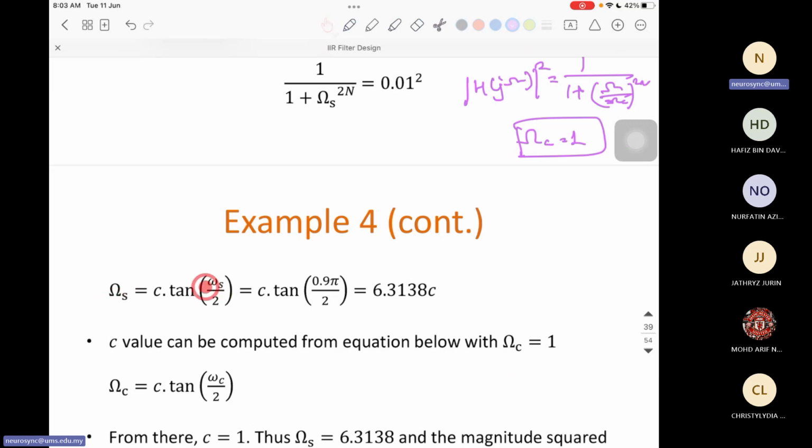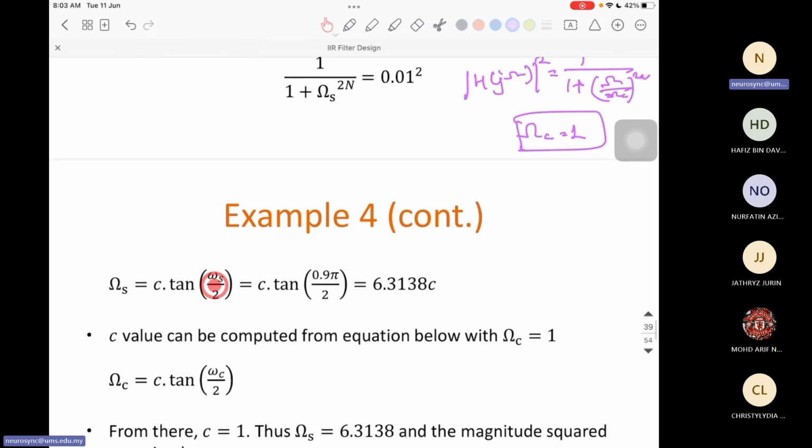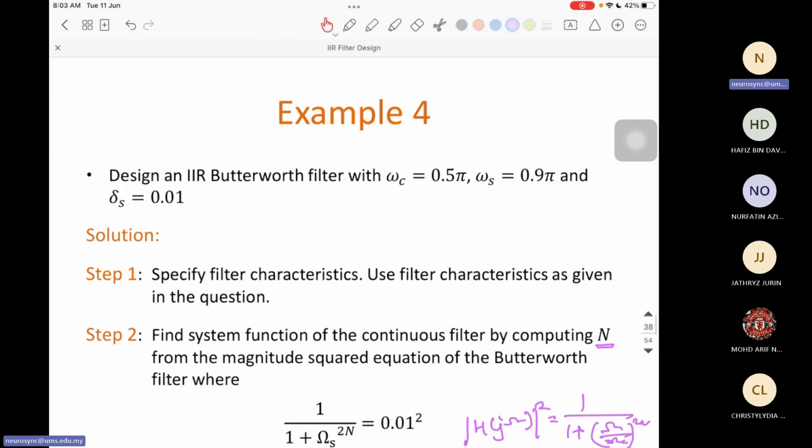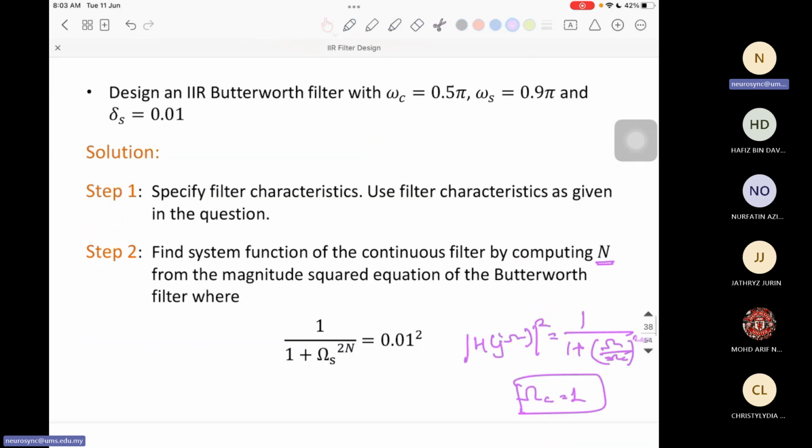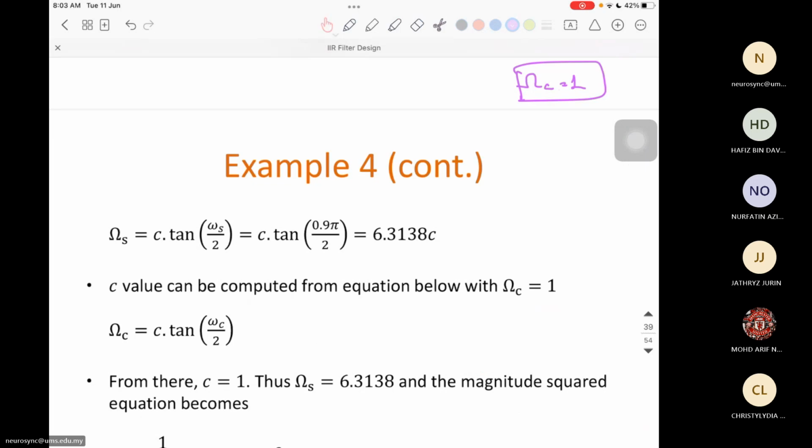I know the stop band edge frequency, it is given, that is 0.9 pi. So tan of 0.9 pi by 2, the value is 6.3138, into this c. Now the value of c I can evaluate, because omega c is given.